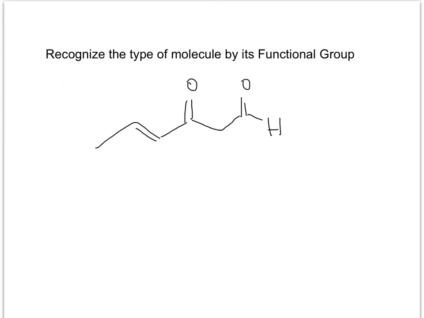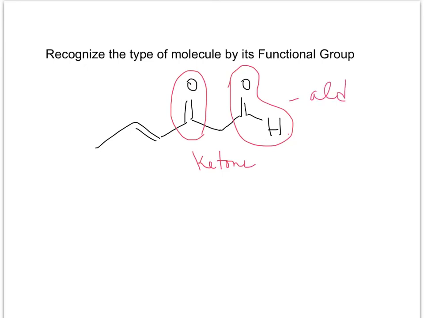Okay, there's a molecule that has an aldehyde group. You know that because of the hydrogen, C double bond O, and then it's connected to a hydrogen. This one is going to be a ketone because it's got 2 R groups. This one is an aldehyde. And this, of course, is a double bond.